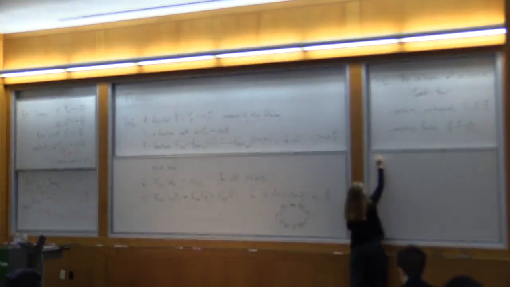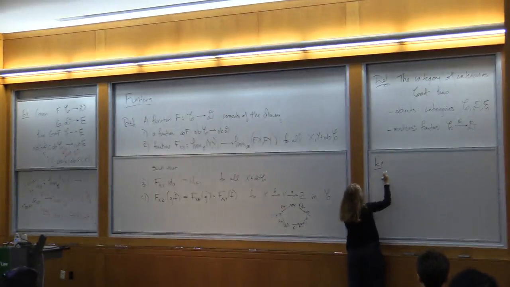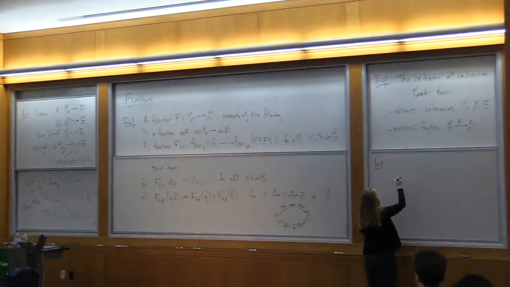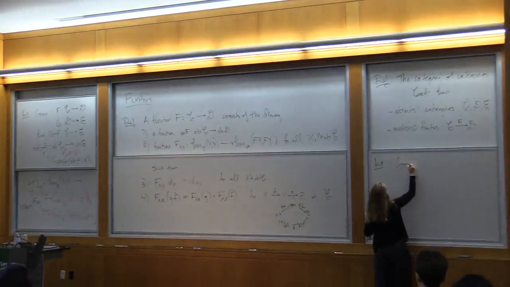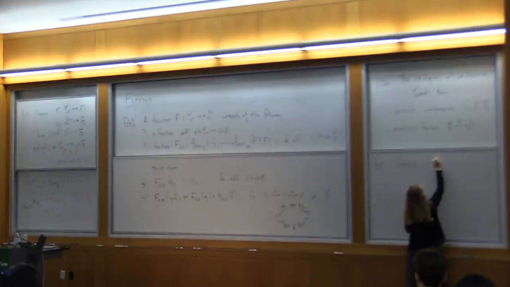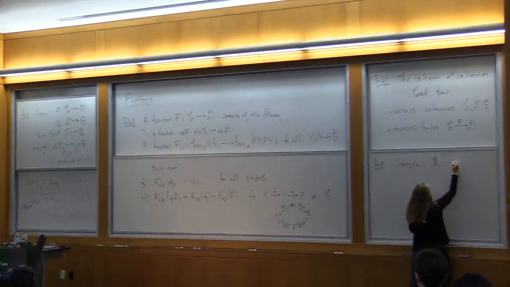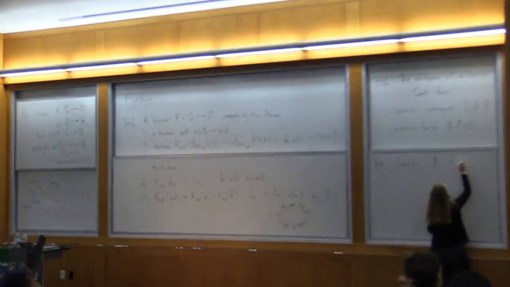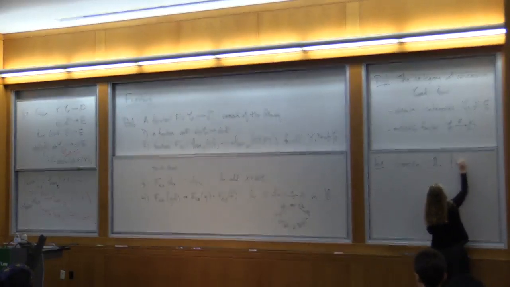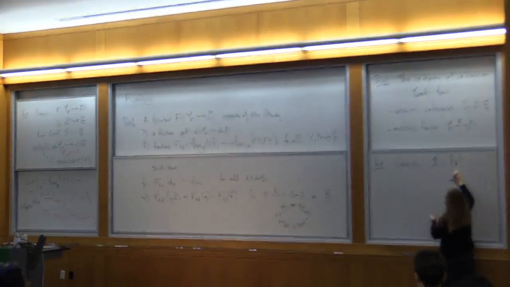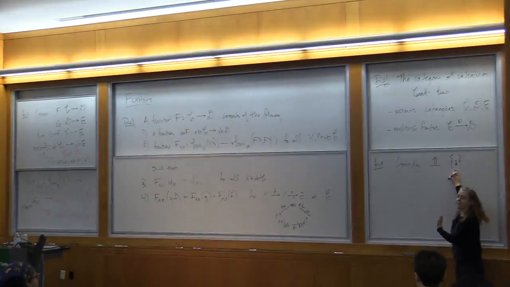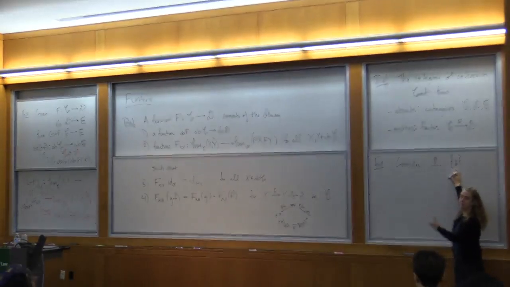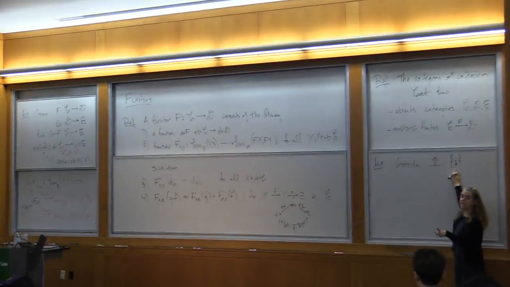So, here's another example of a functor. Let's consider the category 1. It's just supposed to be the category with one object and no non-identity morphisms.